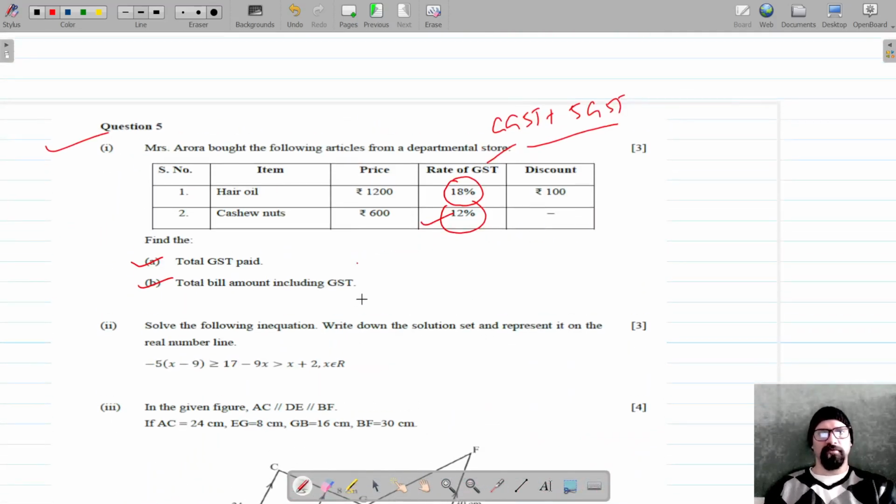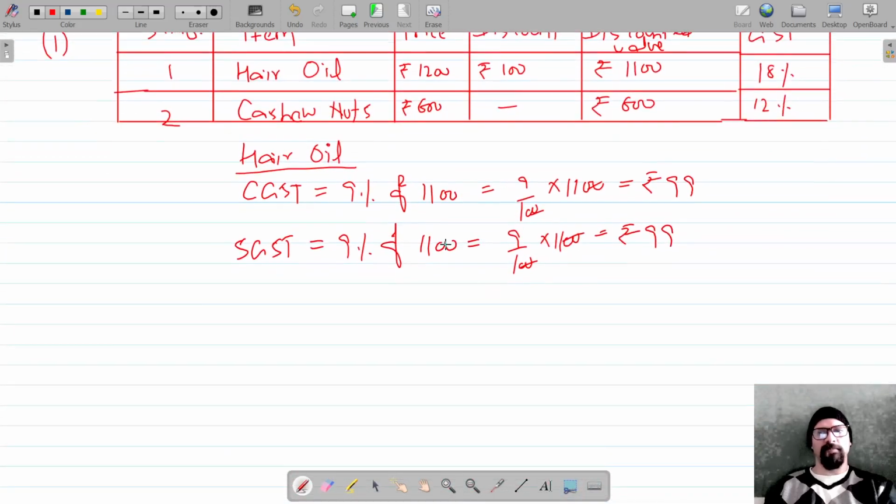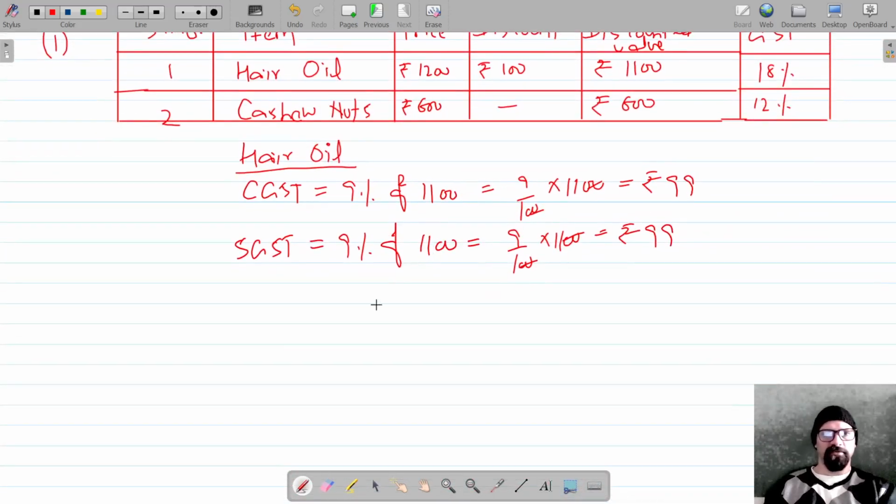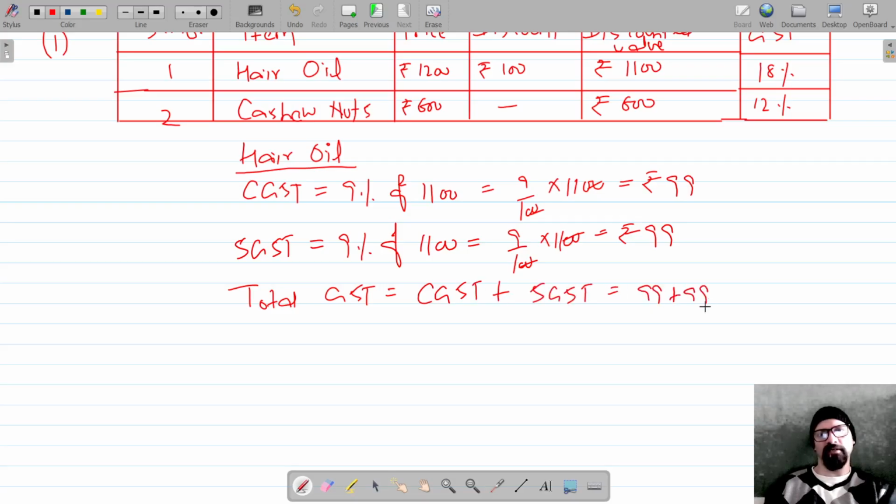Okay, now let's find total GST. So total GST is CGST plus SGST, that is equal to 99 plus 99, which is rupees 198.